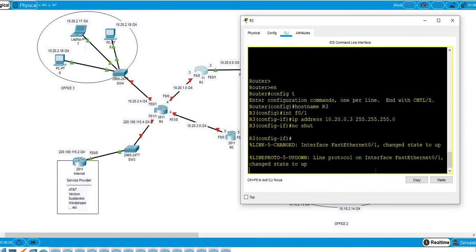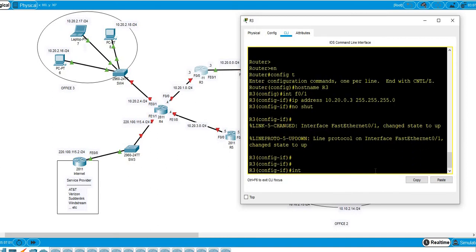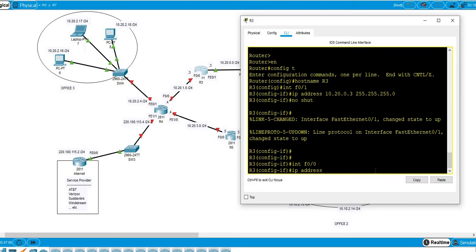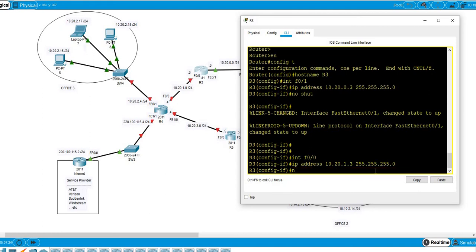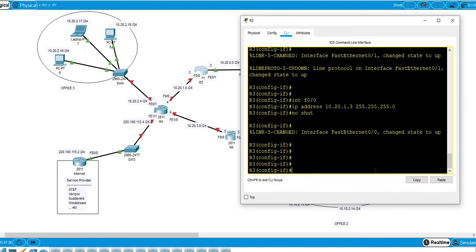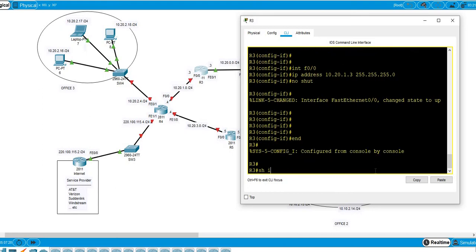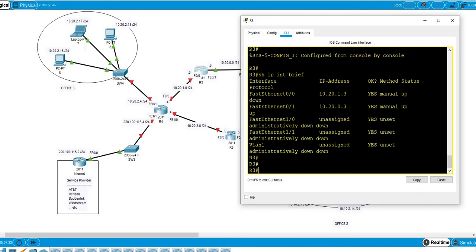No shutdown. Now let's configure the one facing towards R4. IP address 10.20.1.3, 255.255.255.0. No shutdown. Show ip interface brief. We see that it's pretty well configured as well.